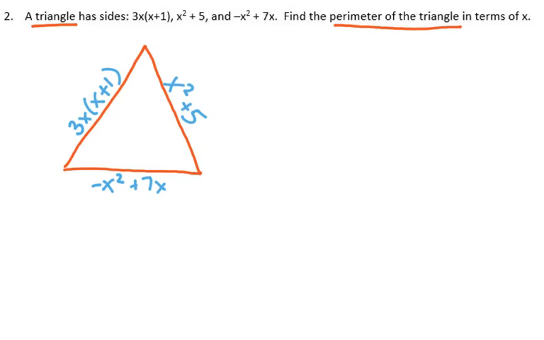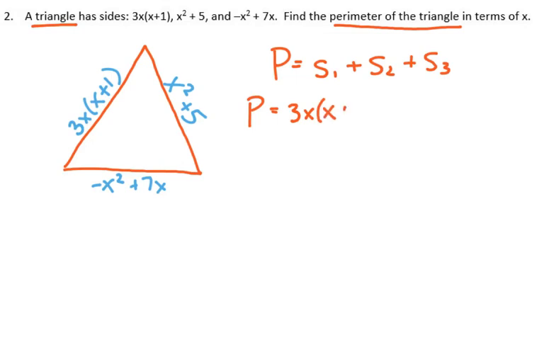So the perimeter formula for our triangle is just going to be P is equal to side 1 plus side 2 plus side 3. So I can substitute in each of my sides and get the perimeter is equal to 3x times x plus 1 plus x squared plus 5 plus a negative x squared plus 7x.